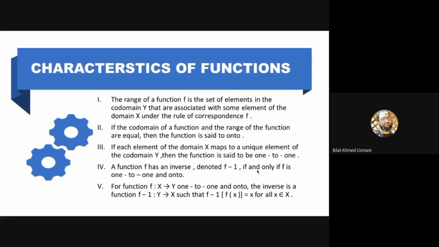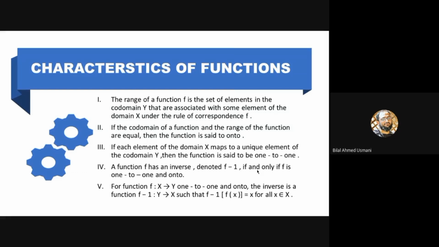A function that has an inverse: if a function is one to one and onto, then it can have an inverse. Otherwise, a function can't have an inverse. So for example, let's talk about five numbers in domain x: 1, 2, 3, 4, 5. I don't know the numbers of the codomain or range y, because I haven't set the rule of correspondence yet.